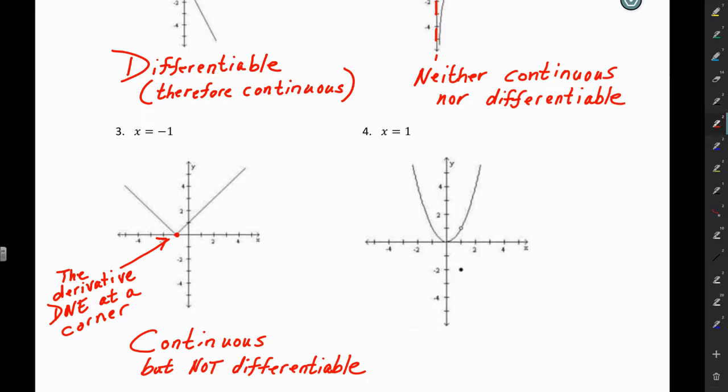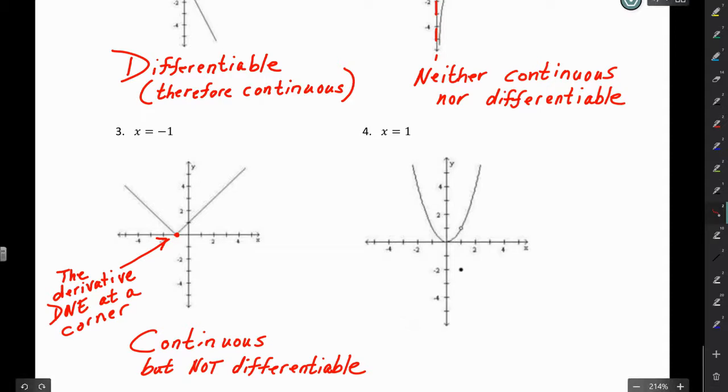And the last one, we're looking at x equals 1. So we're looking right here. So we have a point where we have a discontinuity. It's removable because we have point discontinuity. But it is a discontinuous graph. And we're looking to see next, would we be able to draw a derivative at x equals 1?